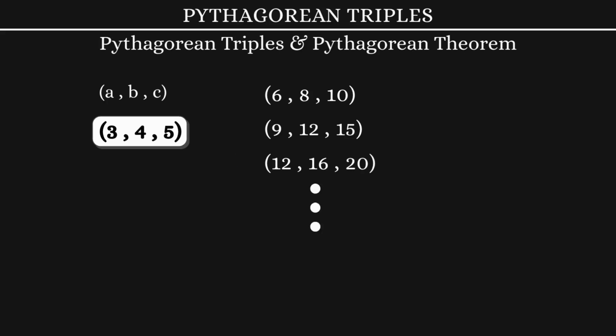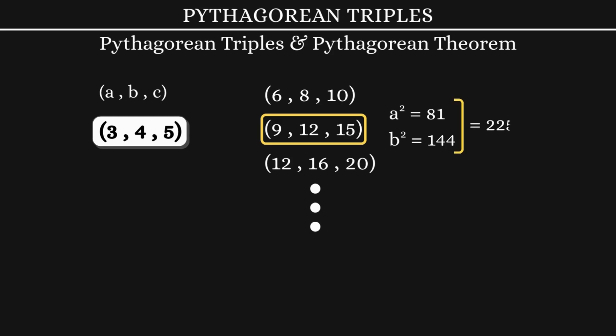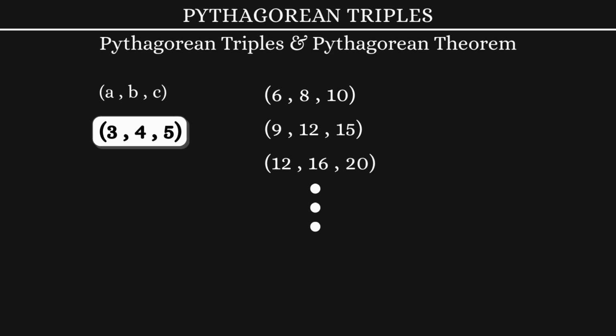Let's understand here that these two sets are also Pythagorean triples. 9 squared is 81, 12 squared is 144 and adding them, we get 225, which is 15 squared. Similarly, you can check for this one as well.